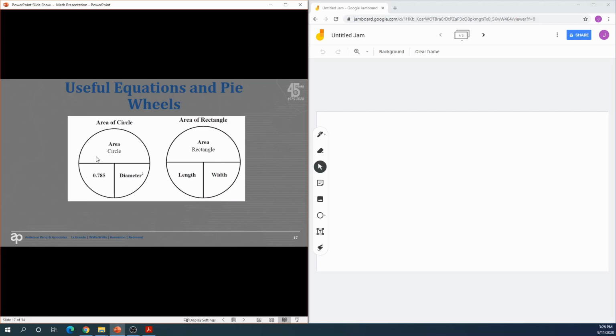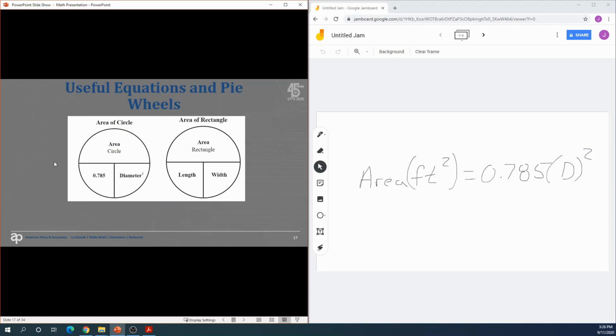So what the pie wheel is showing you is that area, let's say, in feet squared, is going to be equal to 0.785 times diameter squared.